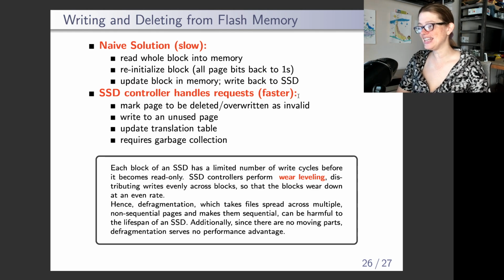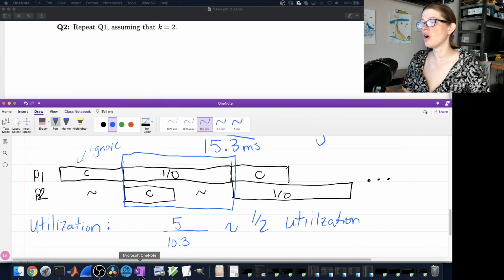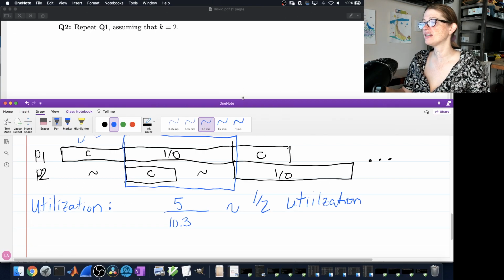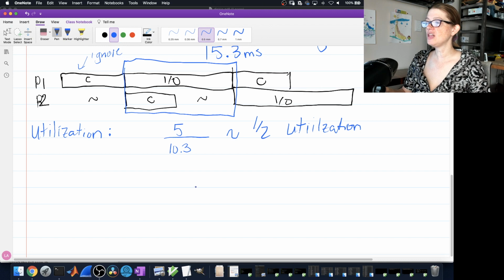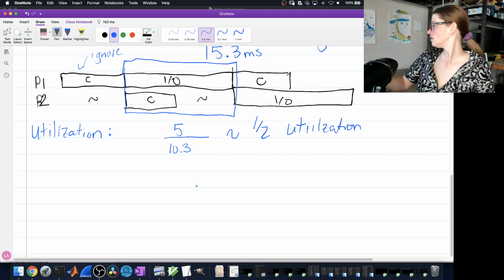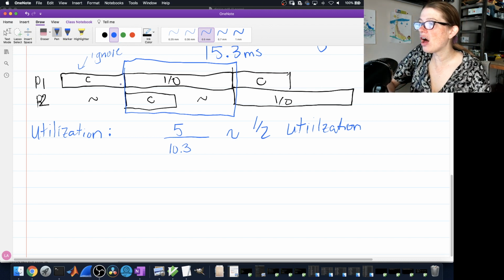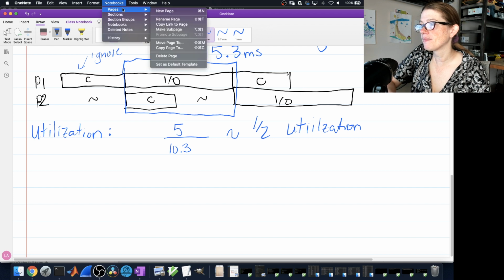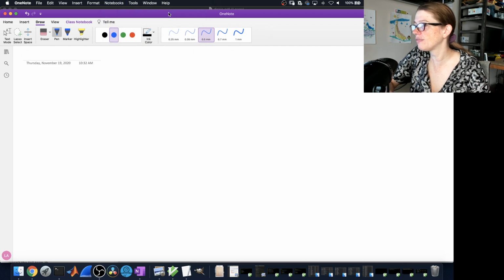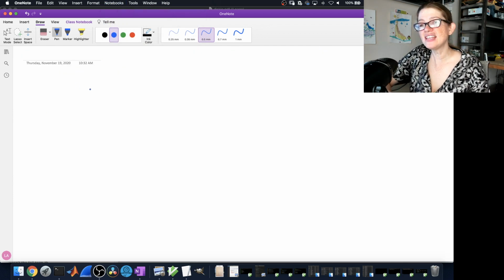And the idea is that the SSD, I'm going to actually draw this out because it'll be more fun. So what you've got on the SSD is that the SSD controller has a kind of page table.